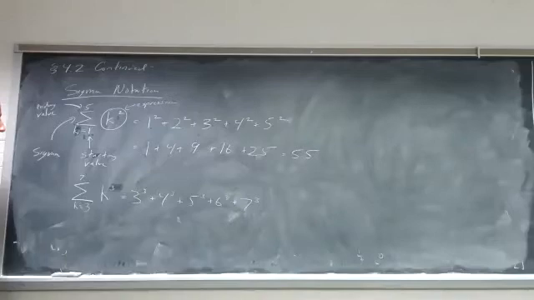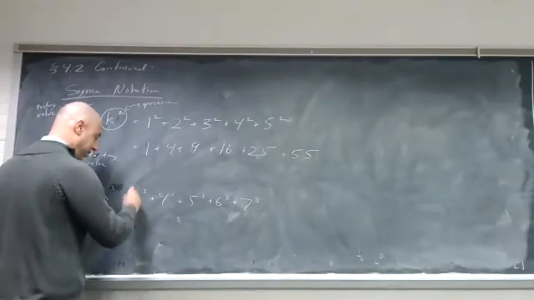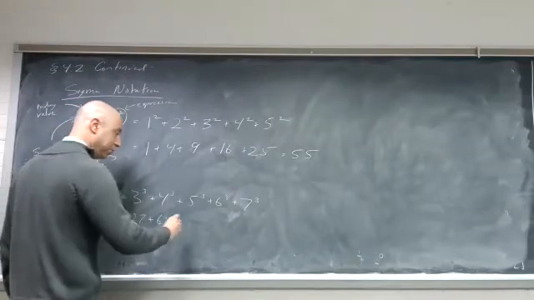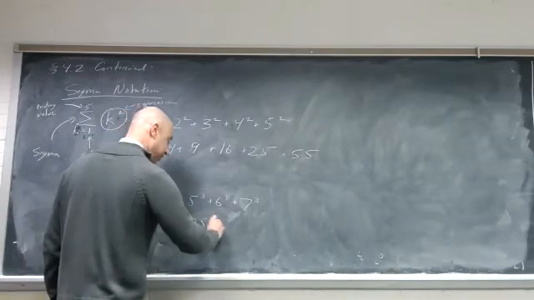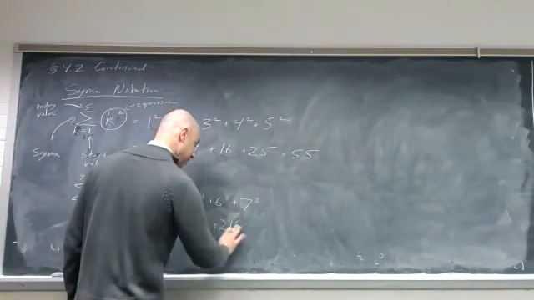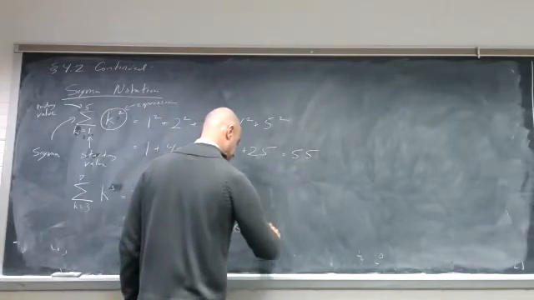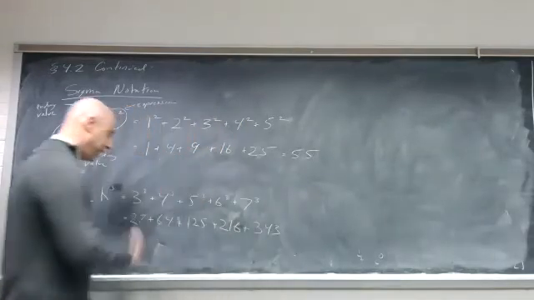And we can work this out. 3 cubed is 27, 4 cubed is 64, 5 cubed is 125, 6 cubed is 216, 7 cubed is 343, and we could add that all up if we wanted.